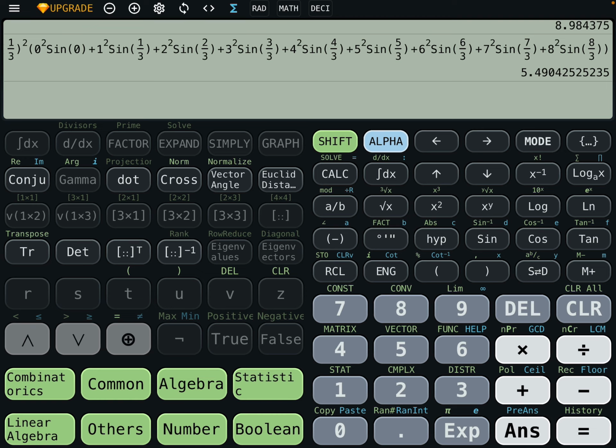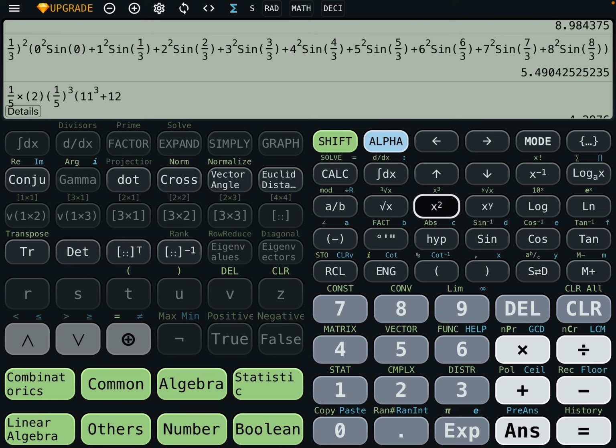Let's see. Common factor, 1/5 times 2. And then the other common factor was 1/5 cubed. And then in the brackets, 11 cubed. Oh, I see a cubed button I can use in here.